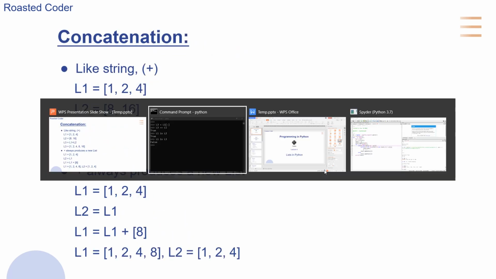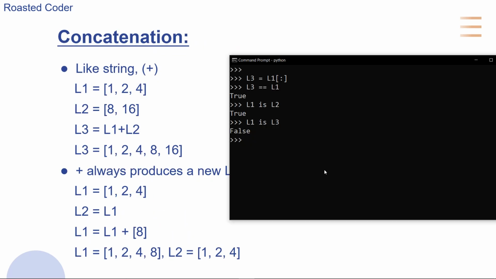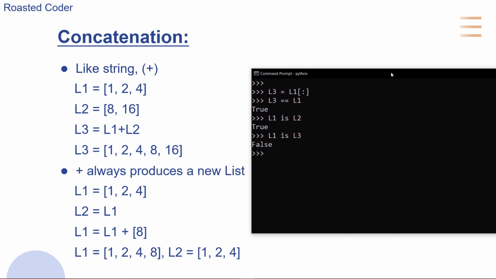Now if you want to add or concatenate two lists, we can just use the plus operator, like we have used with strings. If we want to add or concatenate L1 and L2, we can just use the plus operator, and it will concatenate the two lists end to end.